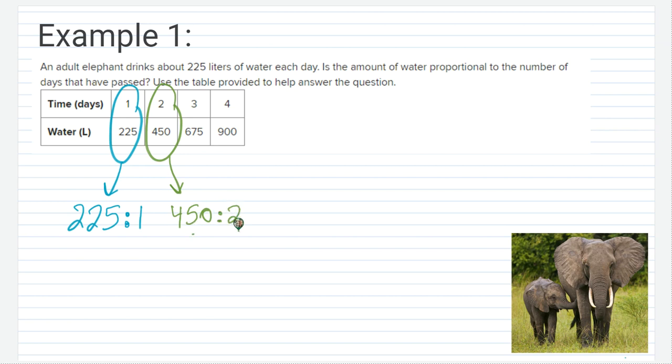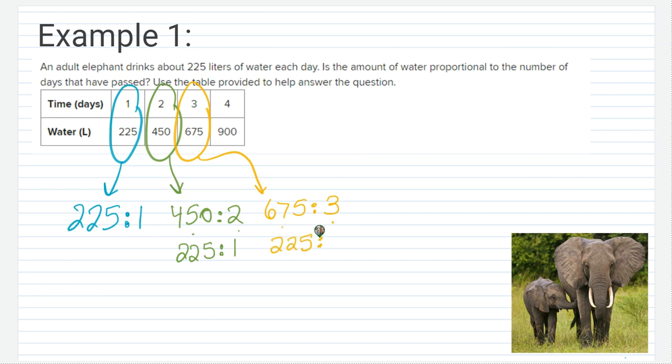If I divide each of these by 2, we do end up with a ratio of 225 to 1. Then we do the same thing for the third column. So 675, and again we're keeping it consistent. We're putting water first, since that's how this problem was worded: with the amount of water proportional to the number of days, we write our ratio in that same order. So we have our water to 3 days, and if I divide each of these by 3, we end up with 225 to 1.